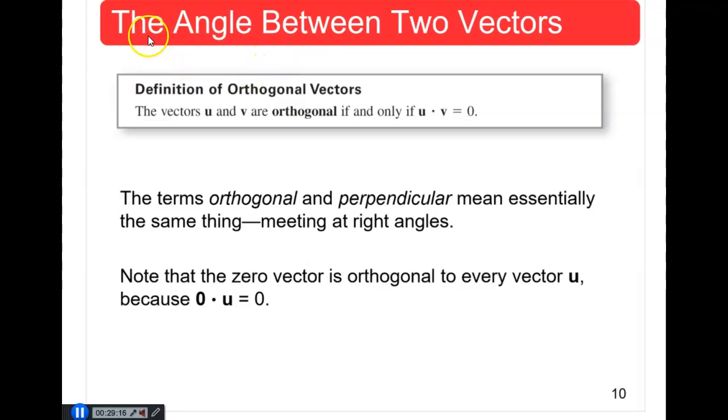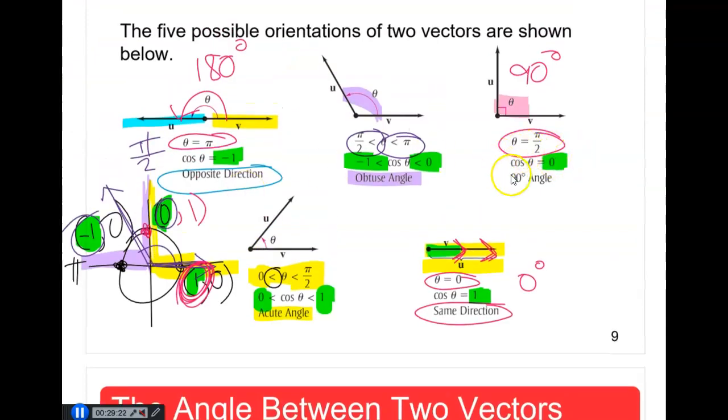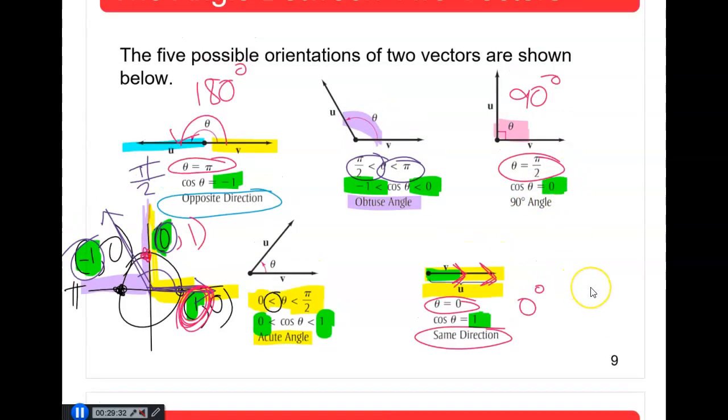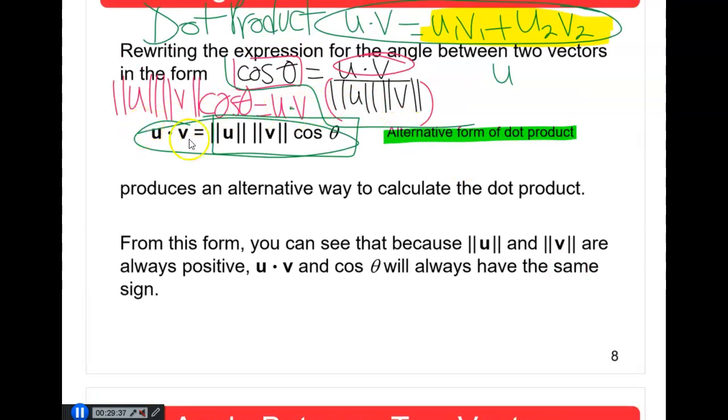The angle between two vectors, as we discussed earlier: whenever the angle between two vectors is 90, the cosine of theta will be equal to 0. If we use the alternative form of the dot product, since the angle is 90, the cosine is going to be equal to 0.